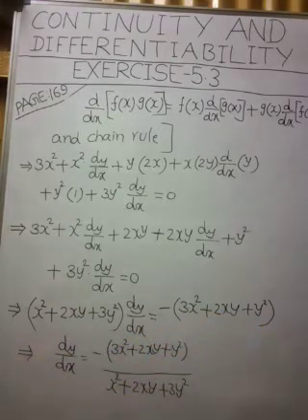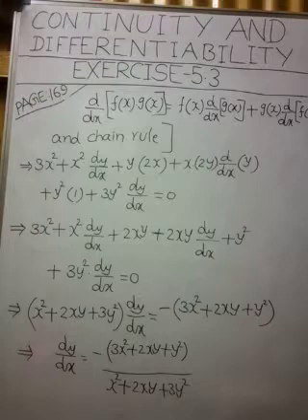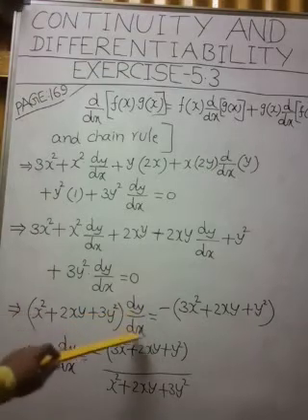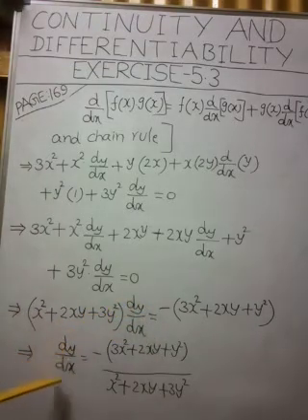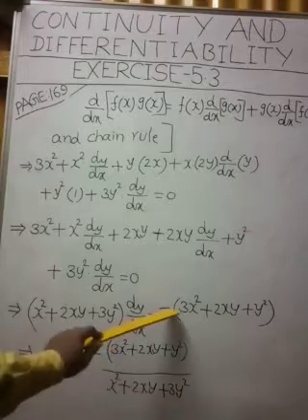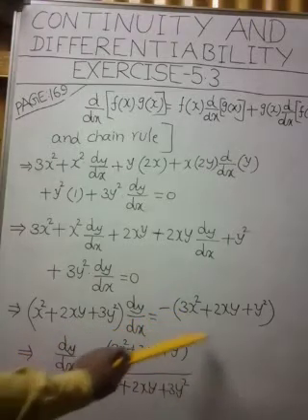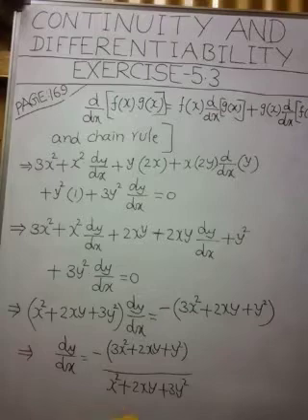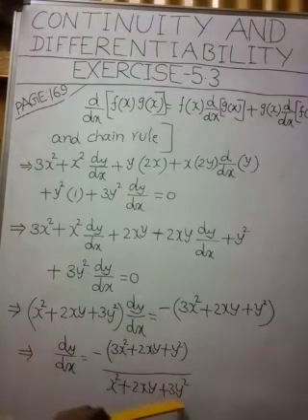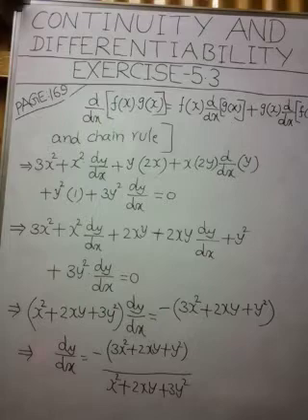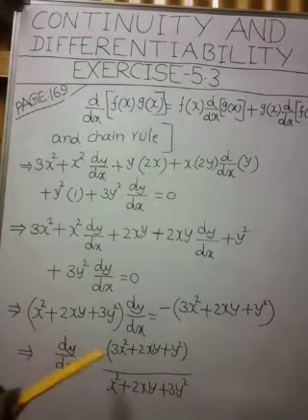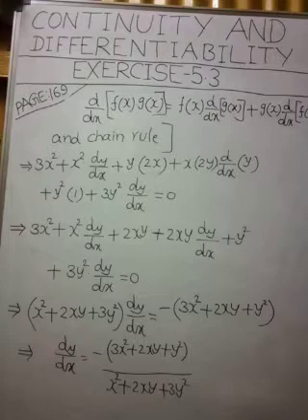Understood this part in RHS, my dear children? Right. Now we are finding dy by dx. This implies dy by dx is equal to minus of 3x square plus 2xy plus y square whole divided by x square plus 2xy plus 3y square. This is the value of dy by dx. Understood, my dear children? Right.